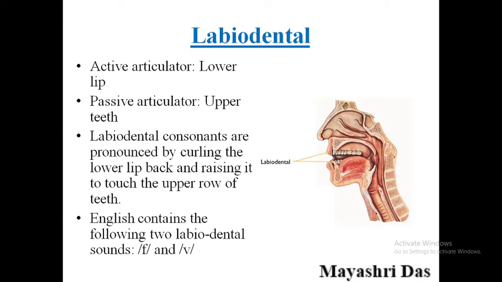Labiodental consonants are produced by curling the lower lip back and raising it to touch the upper row of teeth. The English consonants which fall under the category of labiodental are f and v.